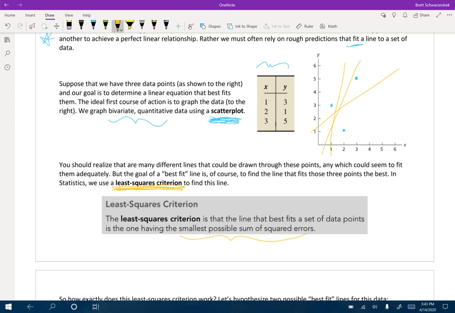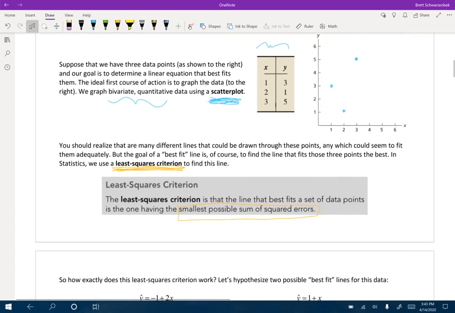So basically, this statement right here, smallest possible sum of squared errors, which you don't know anything about yet, is what we're going to be hammering home for a lot of the section. We're going to be talking about how to generate this smallest possible sum of squared errors to create this perfect line.